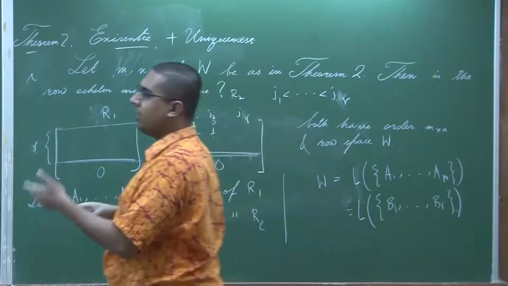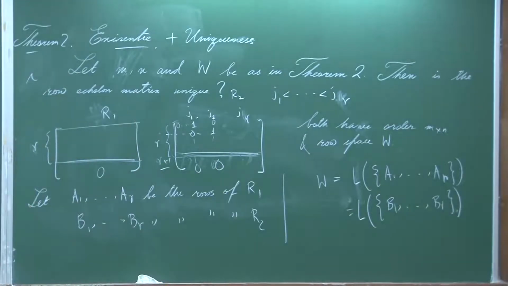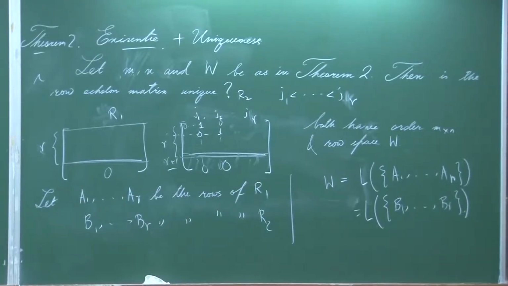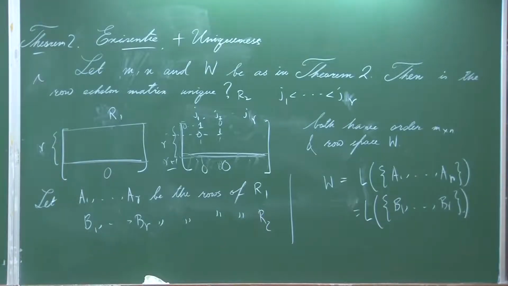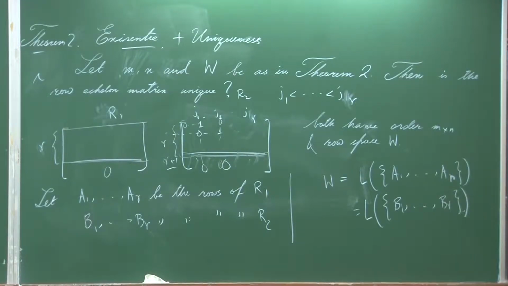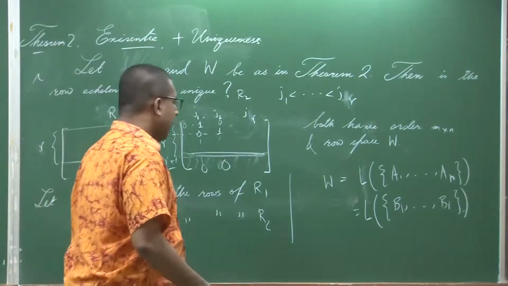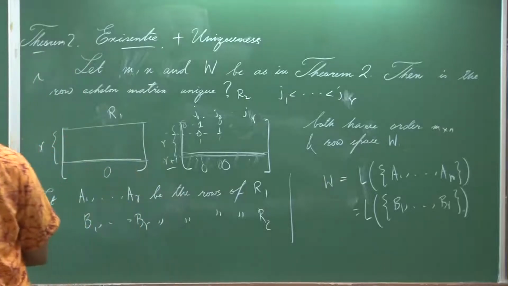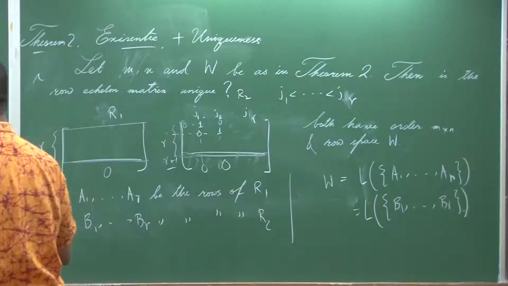So, I repeat: given M and N positive integers and a subspace W of F^n having dimension less than or equal to M, then there is a unique row echelon matrix whose row space is W. That is all we have proved so far, and this observation has some immediate corollaries.